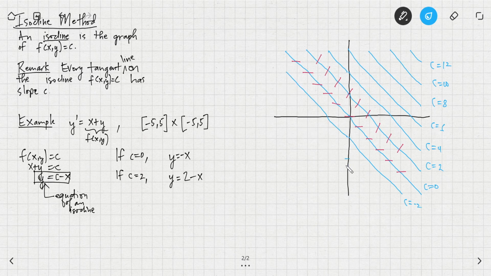As you can see, this is still a very tedious job, which is why we usually use software to sketch the slope fields. C is equal to negative 4, and later on I will show you one software that will allow you to sketch the slope field. But of course, dapat alam nyo rin kung paano mag-sketch manually.